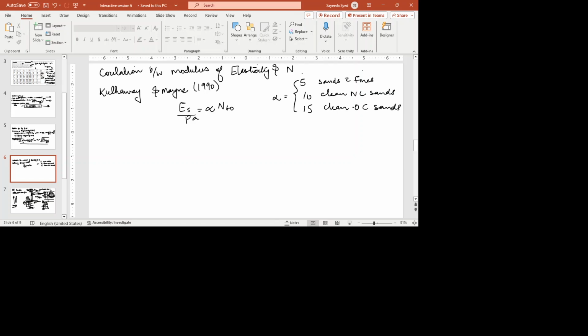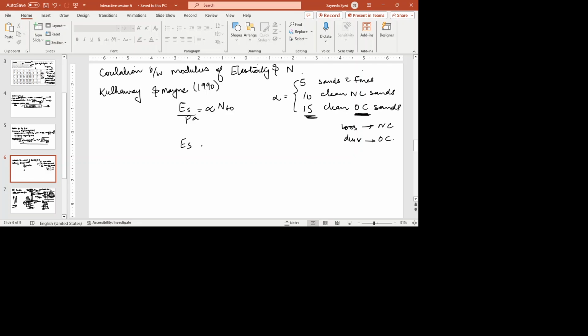Since when we are talking about OC behavior, we are usually talking about clays, there is an analogy for loose sands with NC behavior of clays and dense sands with OC behavior of clays. So let us say dense sands here and take alpha equivalent to 15.